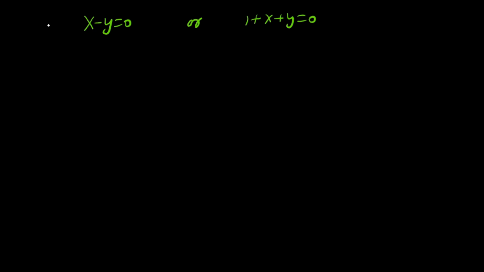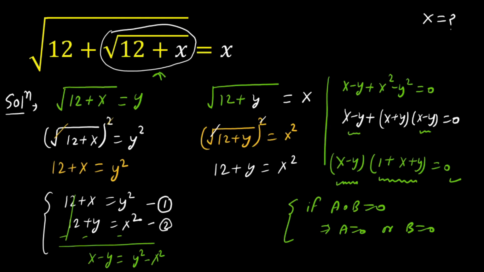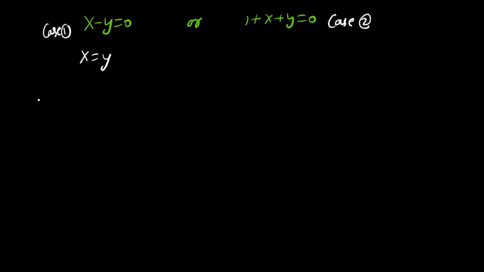Let us consider this as case first and this as case second. Case first is x − y = 0, then we can say x = y, and we know that √(12 + x) = y.